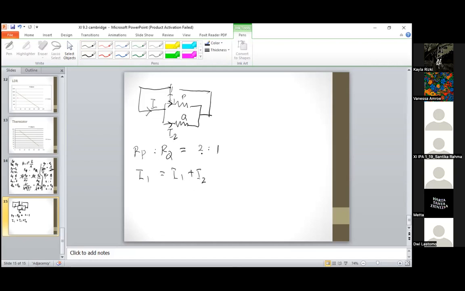Because the comparison between P and Q is 2 compared to 1, I want to make some analogy like this.